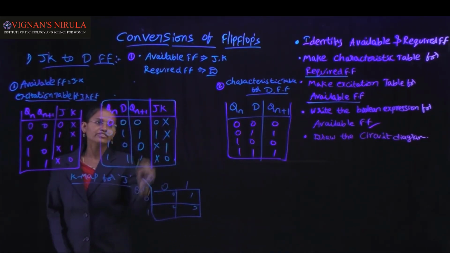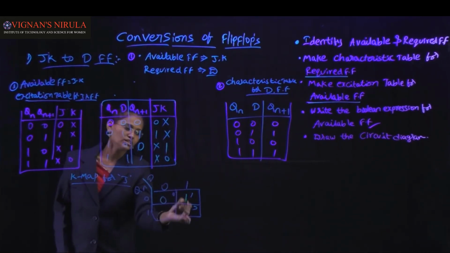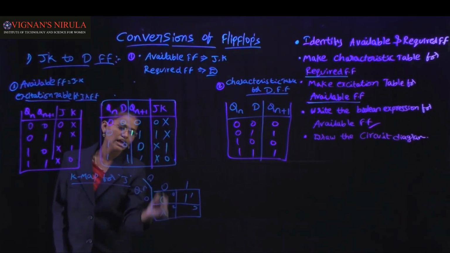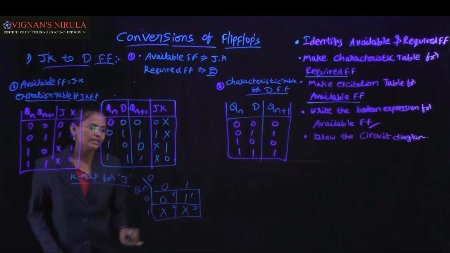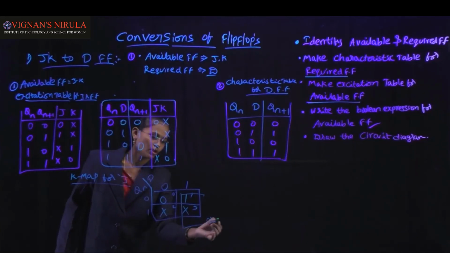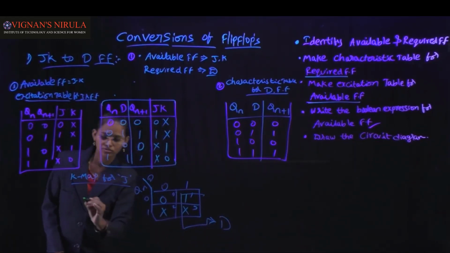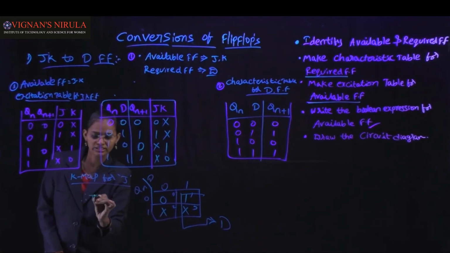This is K map for J. 0 cell is 0 and 1 cell is 1 and second cell is X and third cell is also X. Here the grouping is 1 and 3. Okay, here the equation is D. Therefore, J equal to D.